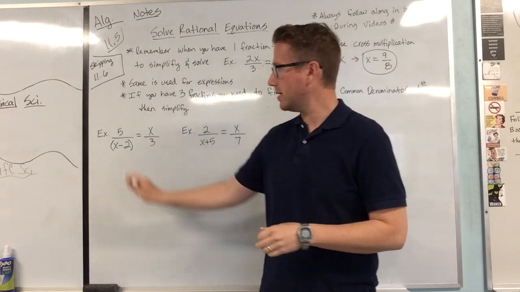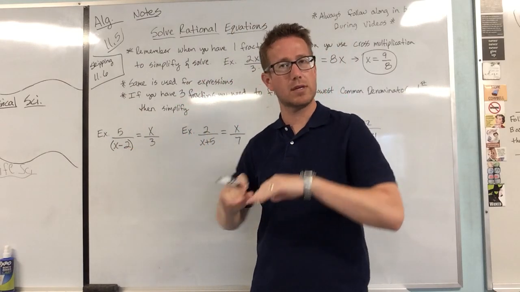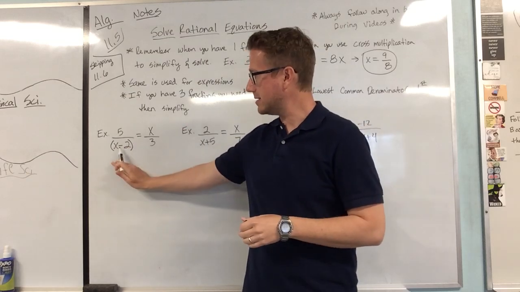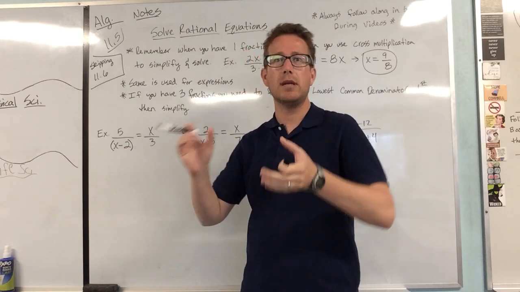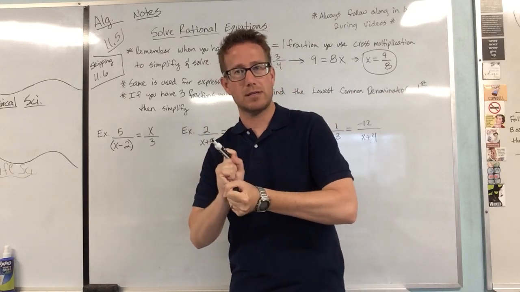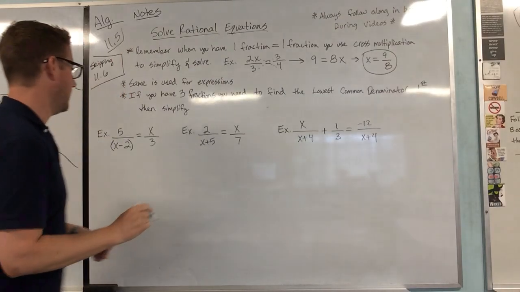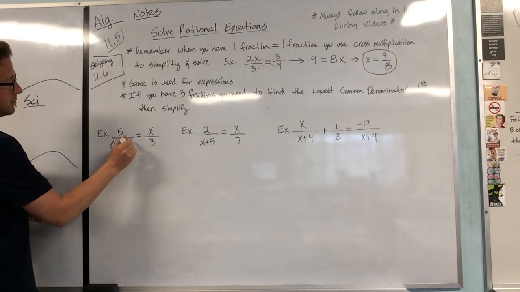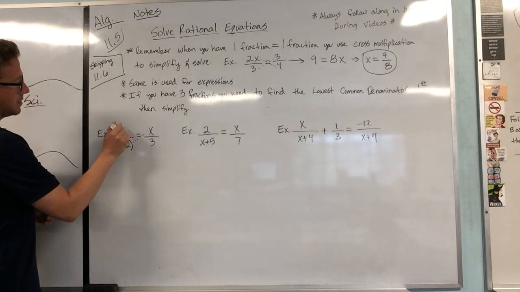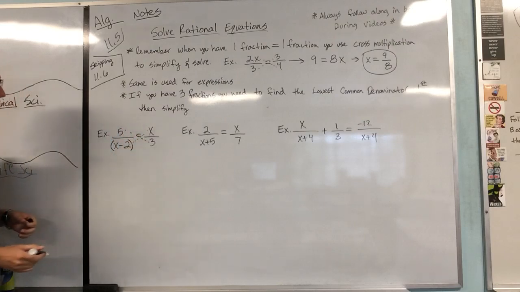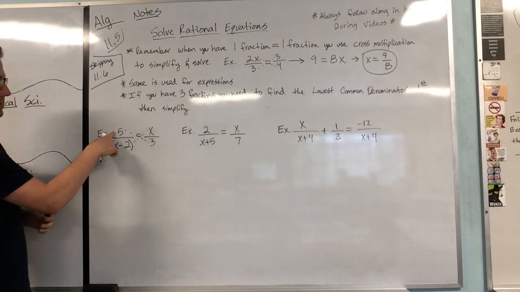Cannot be separated, x and 2 cannot be pulled away because that minus sign in between bonds them together. It locks them together. So put it in parentheses. It's a locked-in expression, all right? And we are going to be cross multiplying.